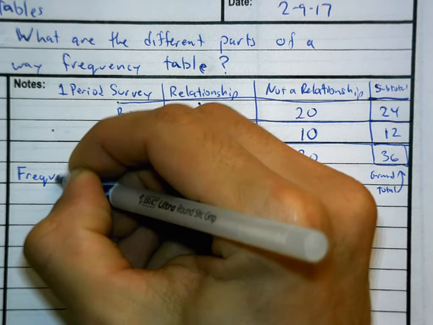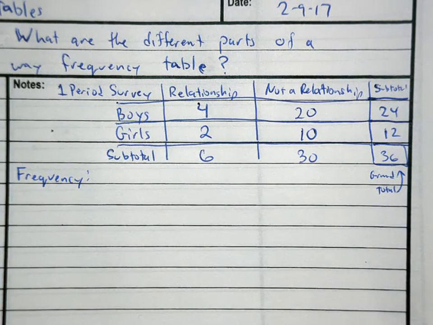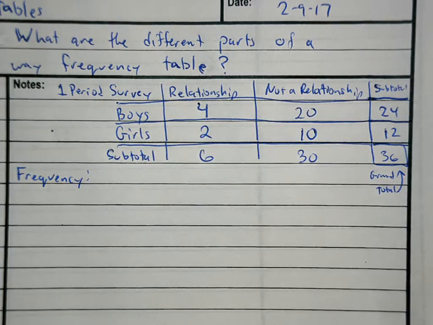We've already talked about it in section 1. Do you remember what frequency means? We defined it in 6.1. Look at your 6.1. Somebody find it and tell us what frequency means.